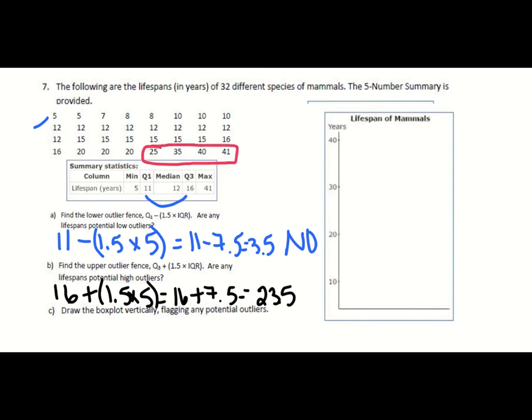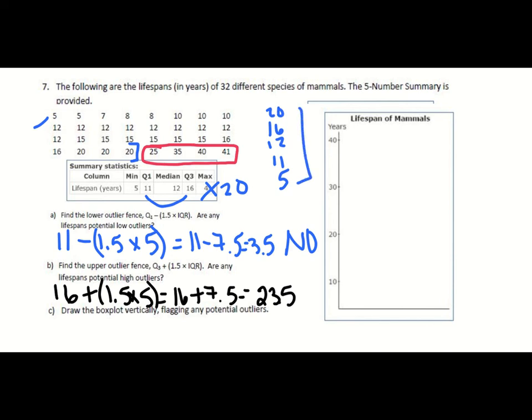So all of those are outliers. So you have quite a few outliers. So my new maximum is now 20. So instead of 41, I'm going to stop my graph at 20 now. So when I go to draw, I'm going to use 5, 11, 12, 16, and 20 for my 5 numbers.